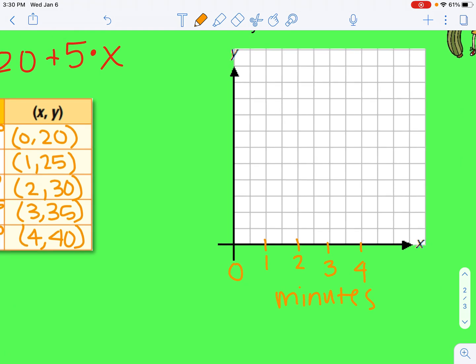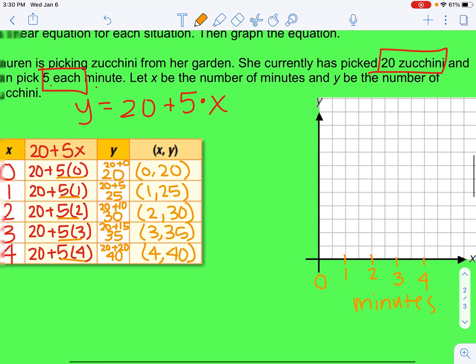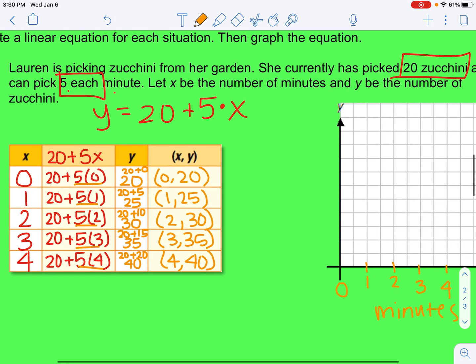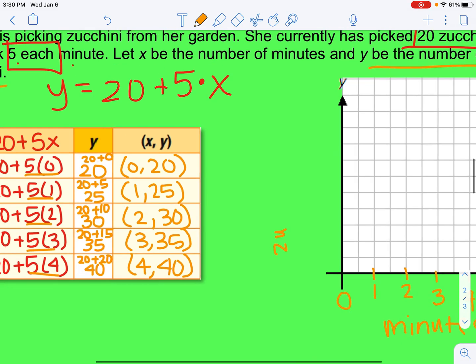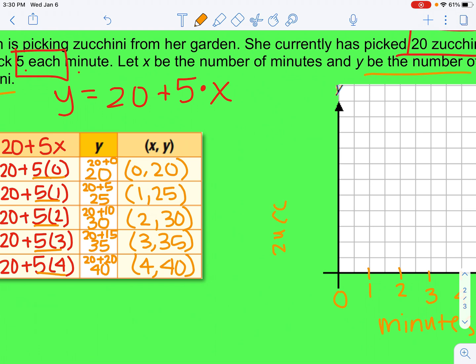Alright, so we have labeled our x-axis. Now we need to label our y-axis. If you look up here, y is the number of zucchini. So over on our y side, let's go ahead and label zucchini. Alright, and now we need to figure out what we're going to count by. Our smallest number we said was 20, and our biggest number was 40.